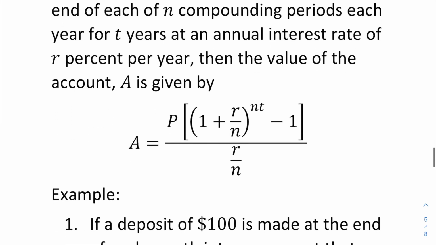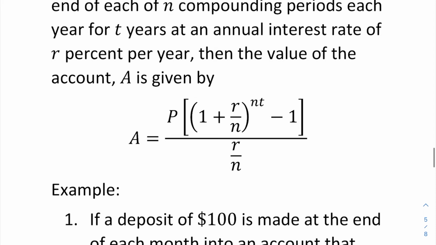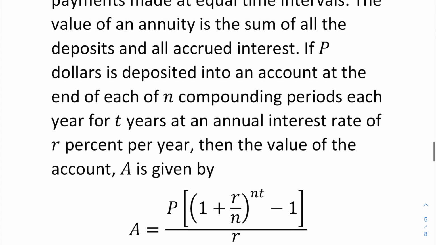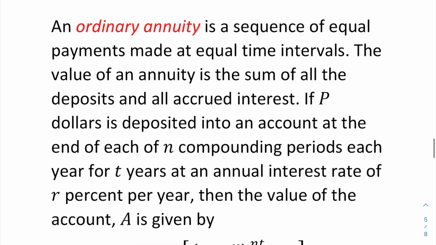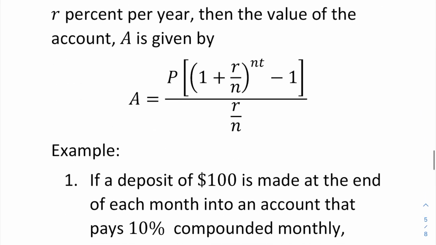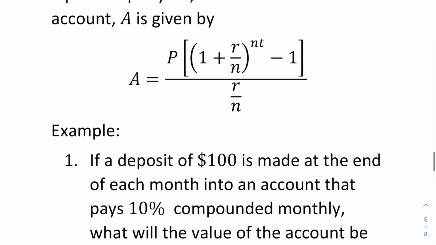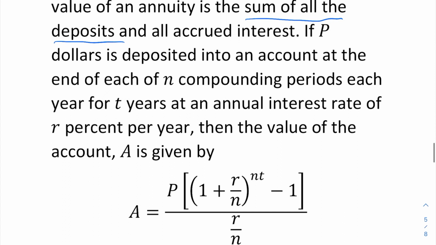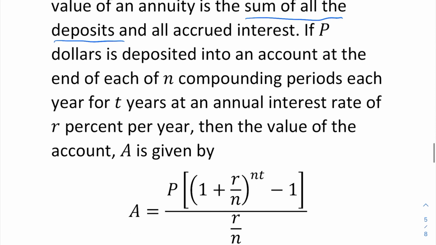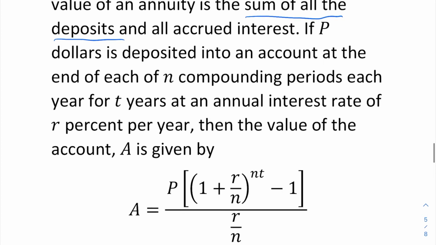So we have here the A, which is the value of the annuity or the sum of all the deposits. The value of the annuity is A, and it's equal to P. P is the deposited amount, so we're making deposits at the end of each of n compounding periods.